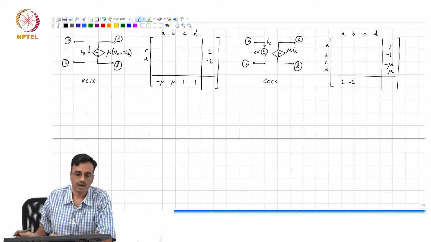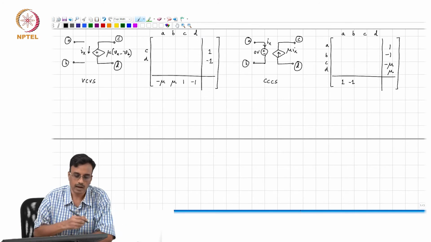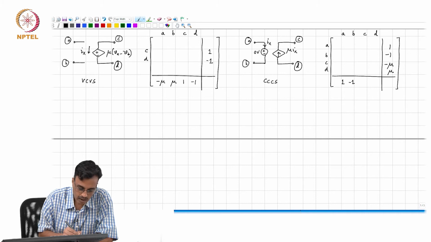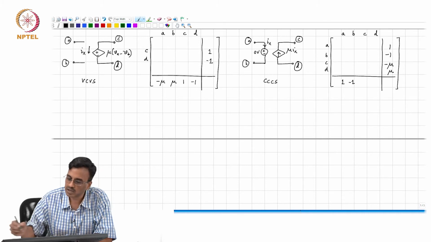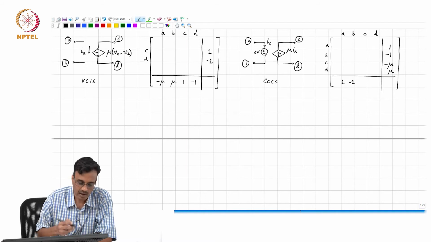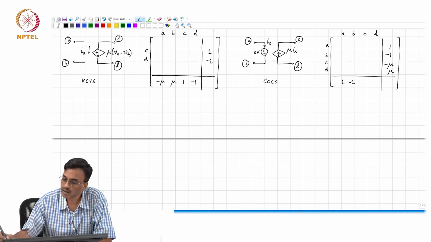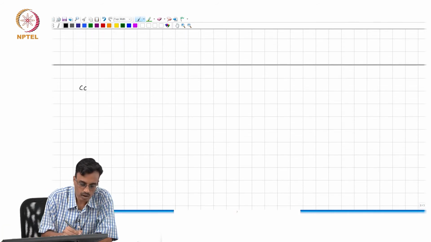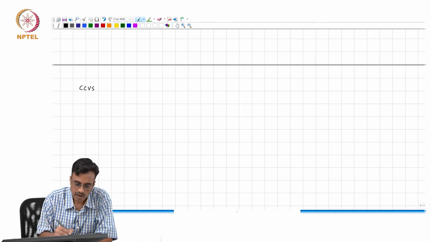The next thing is the current controlled voltage source. We have seen the voltage controlled current source, the voltage controlled voltage source, the current controlled current source, and the last man standing is the current controlled voltage source. How will this look?